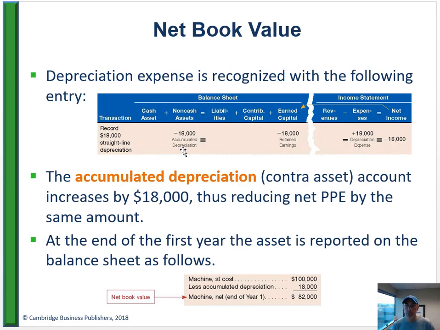When we look at our balance sheet, we see the original asset as it was booked at historical cost, and right underneath that we see accumulated depreciation, which subtracts from the total value of that asset, and the resulting net shows up as the net book value. So we keep track of the original cost, the accumulated depreciation, and the net book value of that asset over time on our balance sheet.